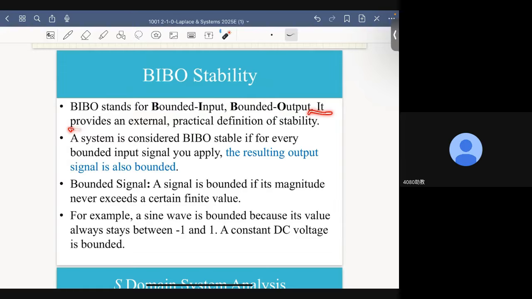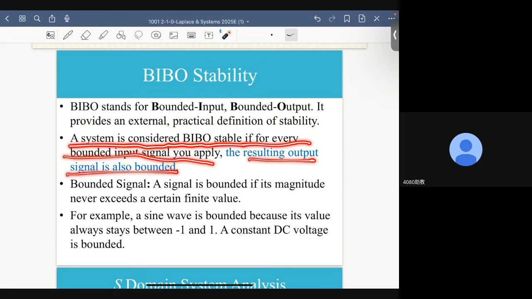It provides an external and practical definition of stability. A system is considered to be BIBO stable if for every bounded input signal you apply, the resulting output signal is also bounded. Okay, you apply a signal, it doesn't matter what waveform it is.